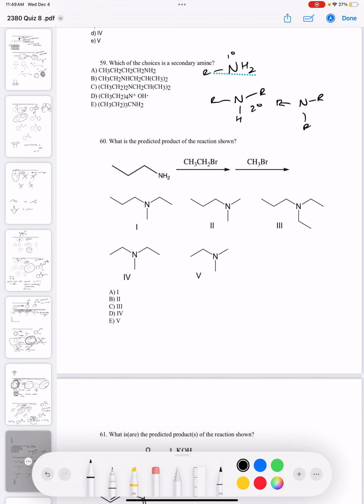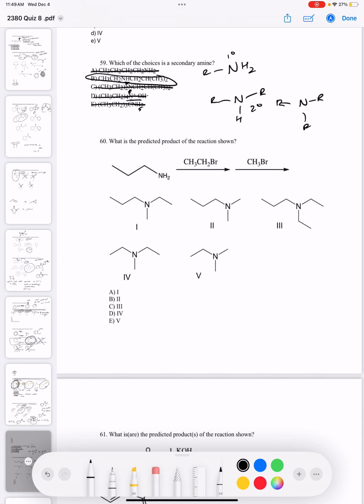So we're looking for an amine that has only 1 hydrogen off of it. So this has 2 hydrogens, so that's wrong. This has 1 hydrogen, so that's a good option. This has no hydrogens off of it, just carbon, so that's wrong. This is positively charged, so this is like an ammonium ion. And then this has 2 hydrogens, so that's probably also primary.